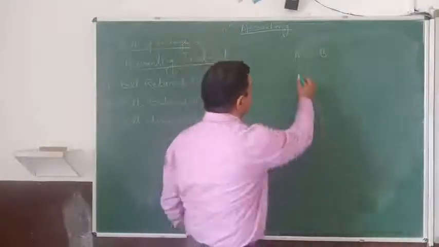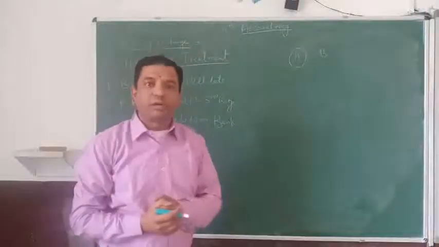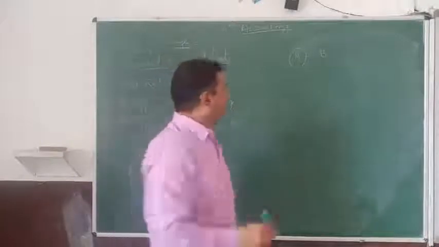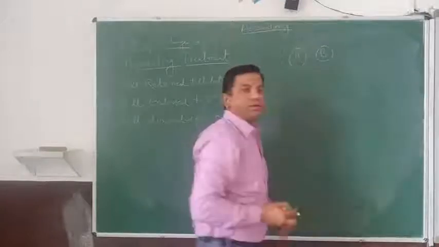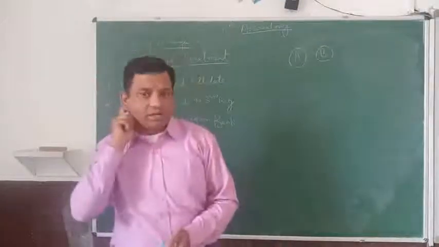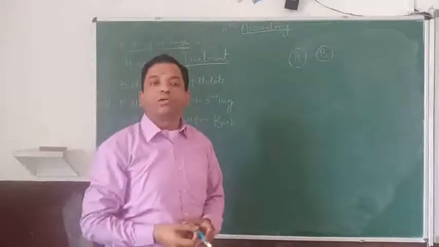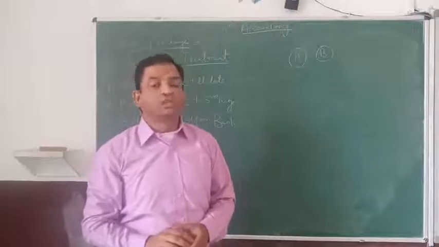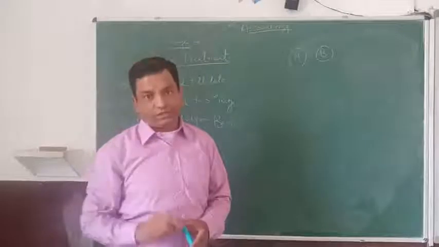So now this bill is being drawn by A. After drawing, this bill will be sent to B. Now this bill will be signed by B, the drawee. Until and unless the drawee makes his signature on this bill, it will not be called a legal document.